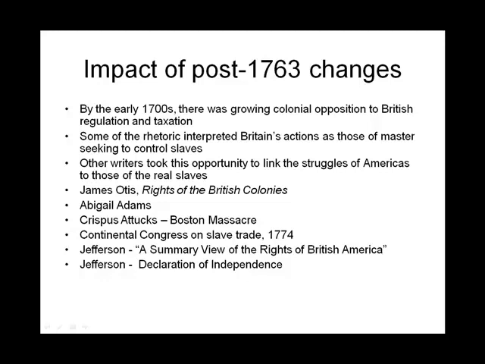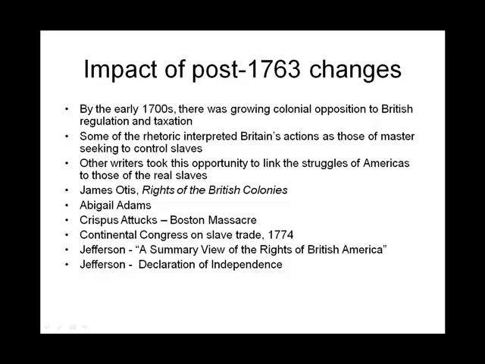Free blacks like Crispus Attucks also challenged the authority of the British. In 1770, he joined a colonial protest against British authority that spilled over into what became known as the Boston Massacre, and he was the first American to be killed there. In 1774, the Continental Congress passes an agreement that they will not import any slaves after December 1st of 1775.